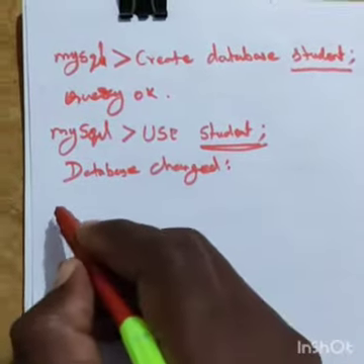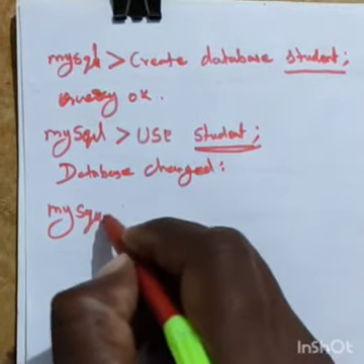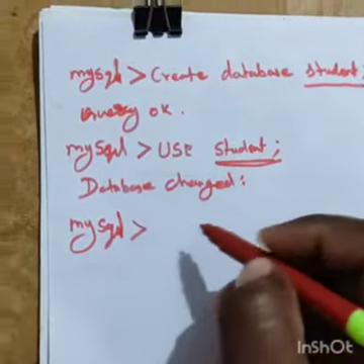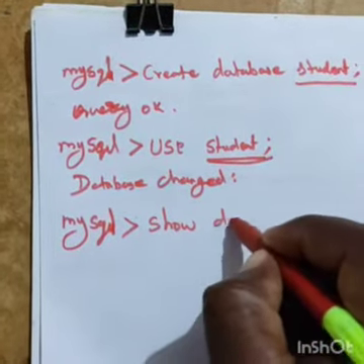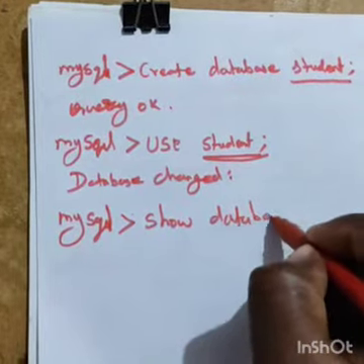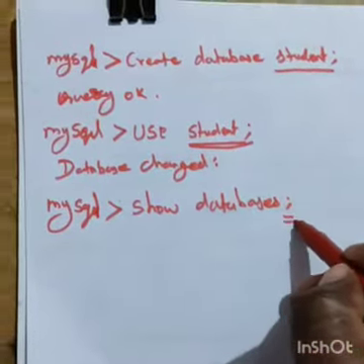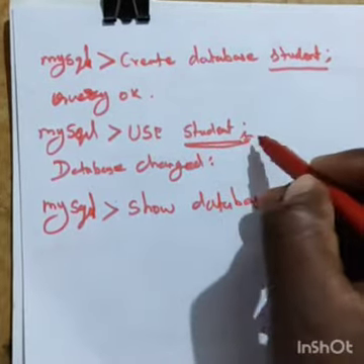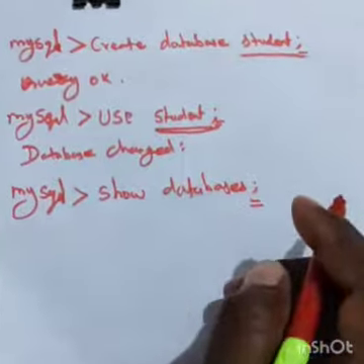Okay sir. Next query I will write: mysql> show databases; semicolon. The semicolon is important. If you write a query, at each and every step the semicolon is important.